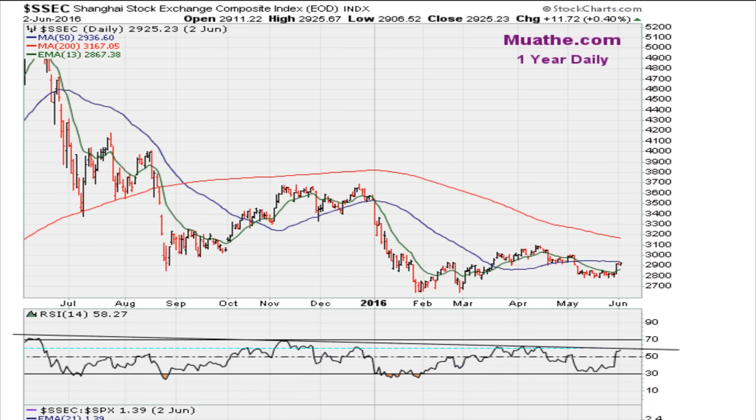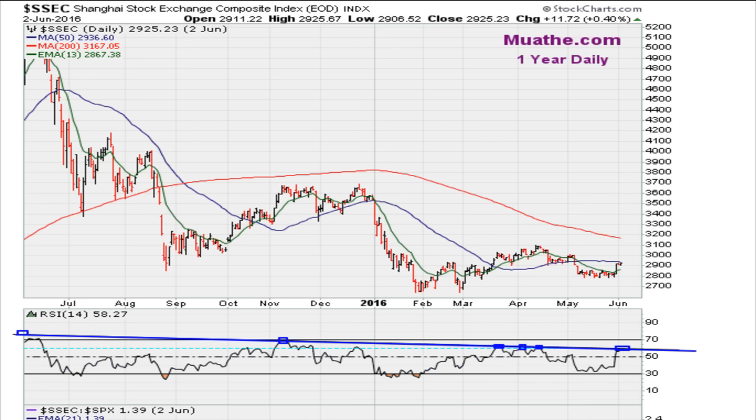If we take a look at the Chinese market, we can see here that it is coming back after a nice move of the last couple of days, but coming back to resistance on the daily chart. If you connect the RSI highs, you can see that it connects nicely to the previous highs here, and also the highs of early this year, now coming back and hitting that level.